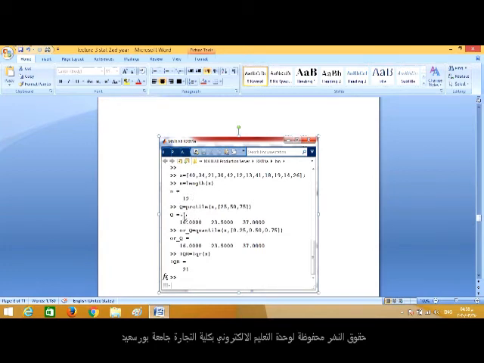Q equals percentile x, the data, and between square brackets 25, this is the first quartile, 50, the second quartile or the median, 75, the third quartile. When using percentile, use any value between 1 and 100.